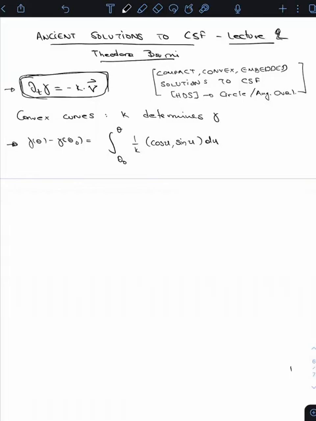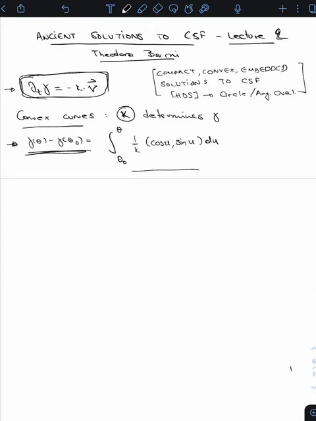And we talked about convex curves, and we discussed how a convex curve is determined by the curvature via this formula here, right? We can integrate using the turning angle and the curvature, and this gives us the curve.